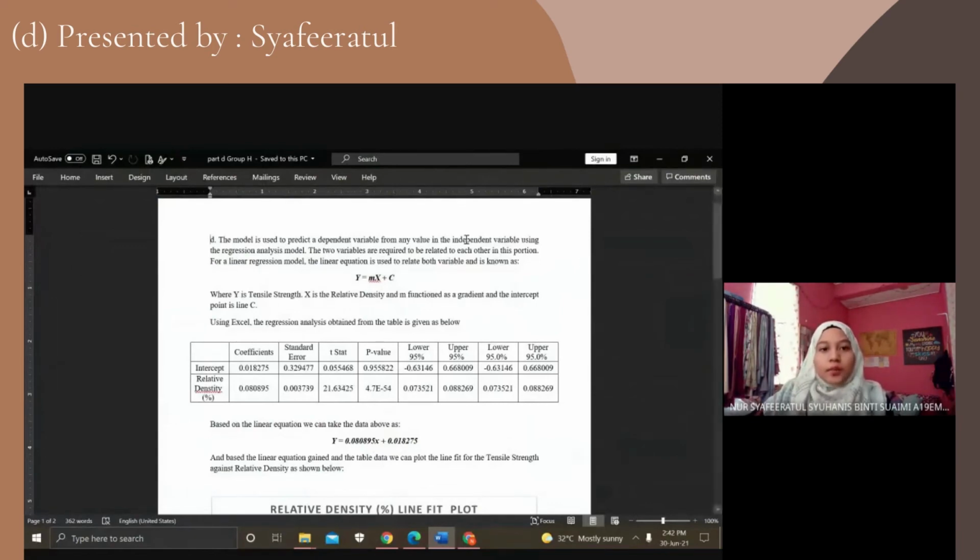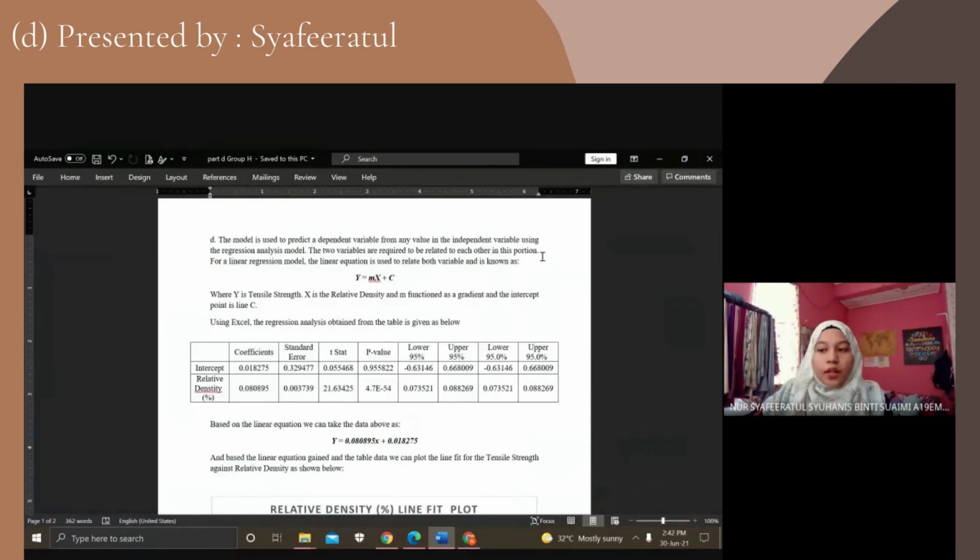The model is used to predict a dependent variable from any value of the independent variables using the regression analysis model. There is a relationship between one or more response variables and one or more predictor variables. The response variable is also called the dependent variable, which is tensile strength.